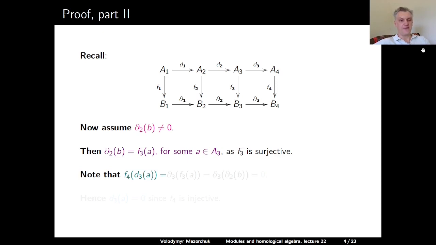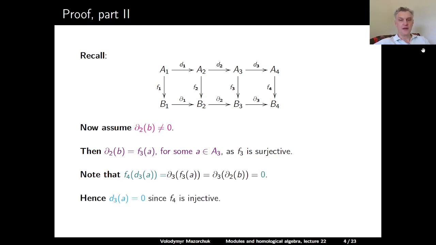If we apply f4 to d3 of a, then, due to the commutativity of our diagram, we can rewrite it as partial 3 applied to f3 of a, but f3 of a is partial 2 of b. So this is equal to partial 3 of partial 2 of b, and this is 0 because the second row is a complex.